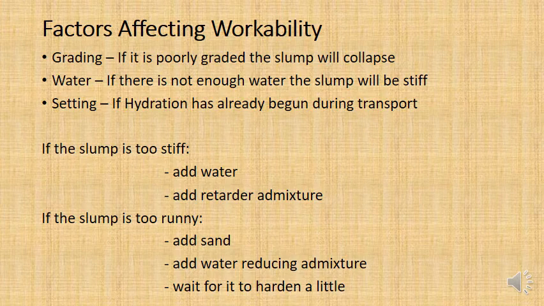Well, when you're constipated because you haven't been eating well or drinking enough water, and you're really stiff downstairs and you need to go to the toilet but you can't, what you can do is take a laxative, and that will make you run like the Ganges River, and so you can relieve yourself in the bathroom. That's what a retarder is. A retarder is a chemical that you add to the concrete that acts like a laxative. It makes the concrete runnier.